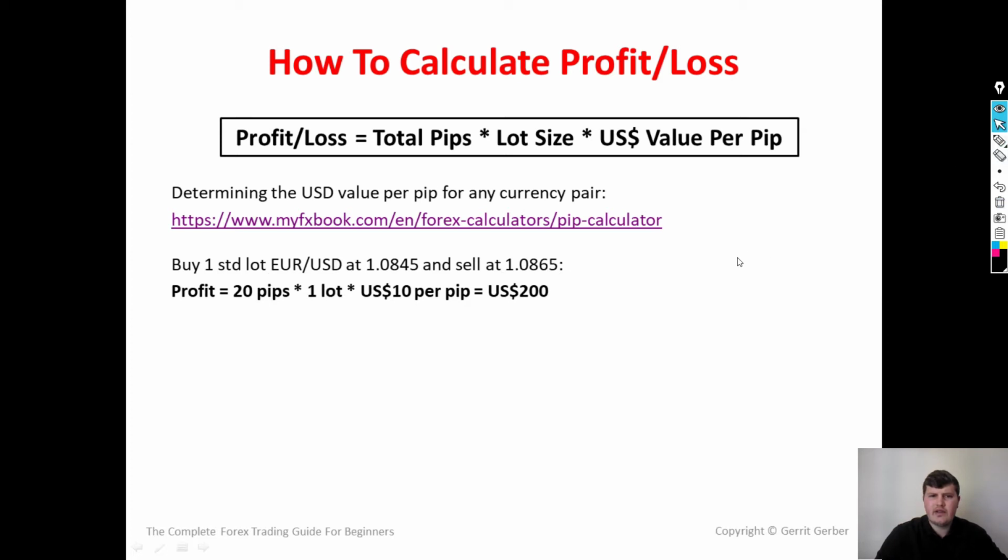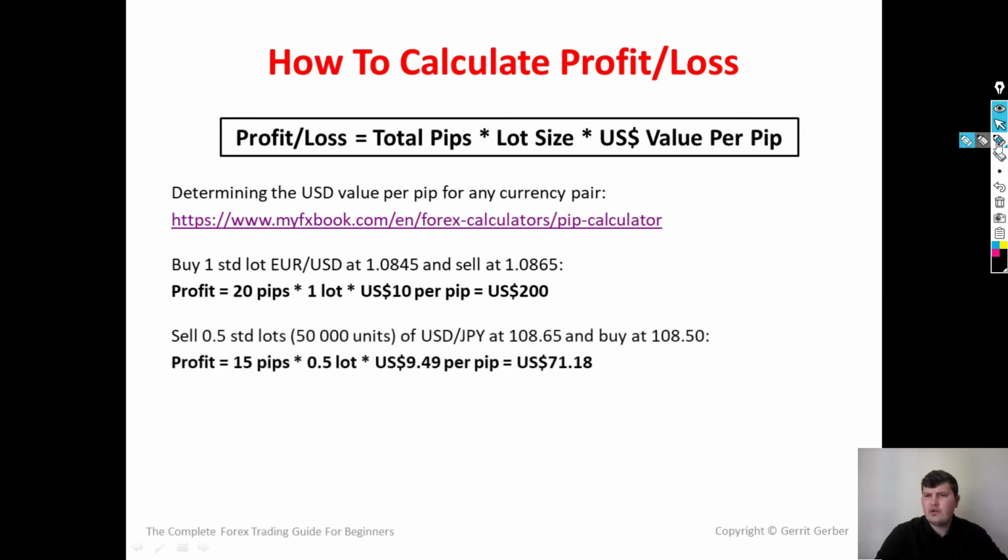And just another example, we are going to sell 0.5 standard lots or 50,000 units of the dollar JPY at 108.65, and we're going to buy it at 108.50, meaning a total pip difference of 15 pips times your lot size of 0.5.